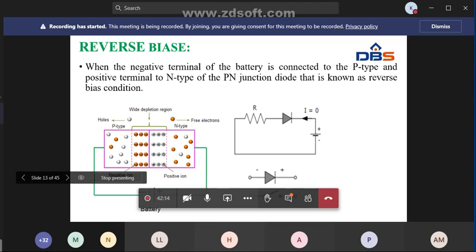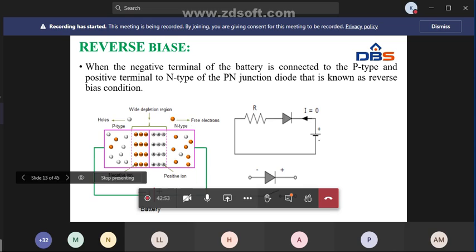In a similar way, here the N-type has negative charge and here the terminal has positive charge, so these two charges will attract each other. That's why in the P-type material the holes are trying to move towards the negative terminal, and here the electrons are trying to move towards the positive terminal.